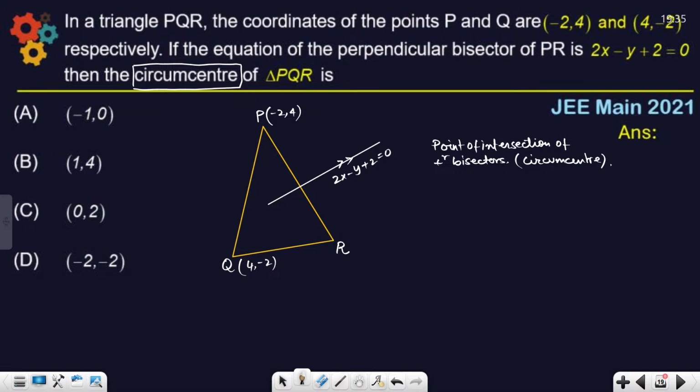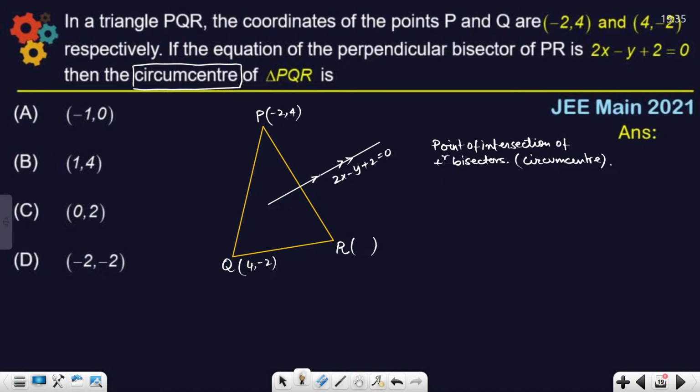So I will try to find out the perpendicular bisector of either of these two lines. I can find out the perpendicular bisector of PQ or QR. Choice is yours. If you want to find out the perpendicular bisector of QR, all you need is to find out the coordinate R. How to get the coordinate R?